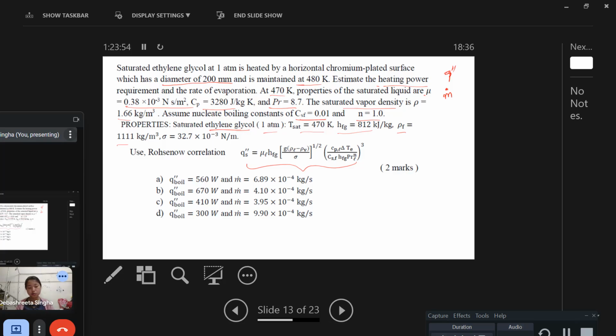The density is given as 1111 kg per meter cube, and the surface tension is given as 32.7 into 10 to the power minus 3 Newton per meter. So for boiling, we use this equation. They have already given which correlation to use. So directly we substitute all the values.